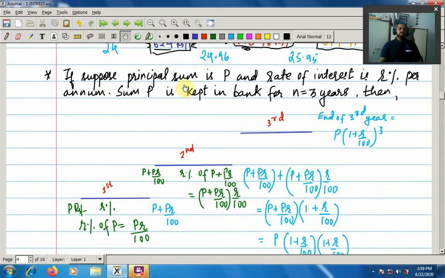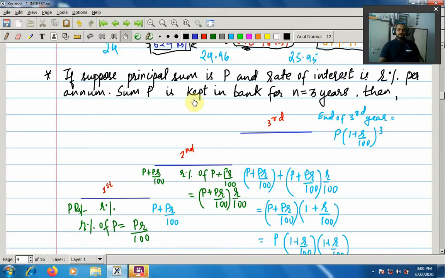Suppose principal sum P is deposited in some bank and the rate of interest is R% per annum. So I'm depositing rupees P and that bank is giving me R% per annum. So you must know what is R% per annum.